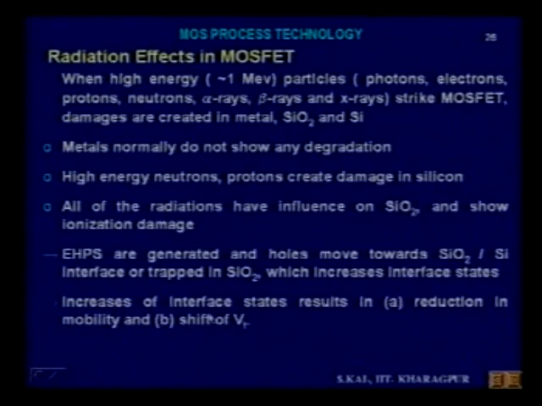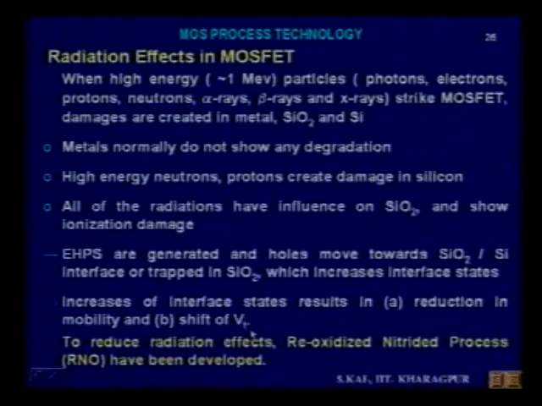This will increase the shifting probability of the VT, threshold voltage. Increase of interface states results in a reduction in mobility and a shift of VT. To reduce radiation effects, a reoxidized nitride process, RNO, has been developed.